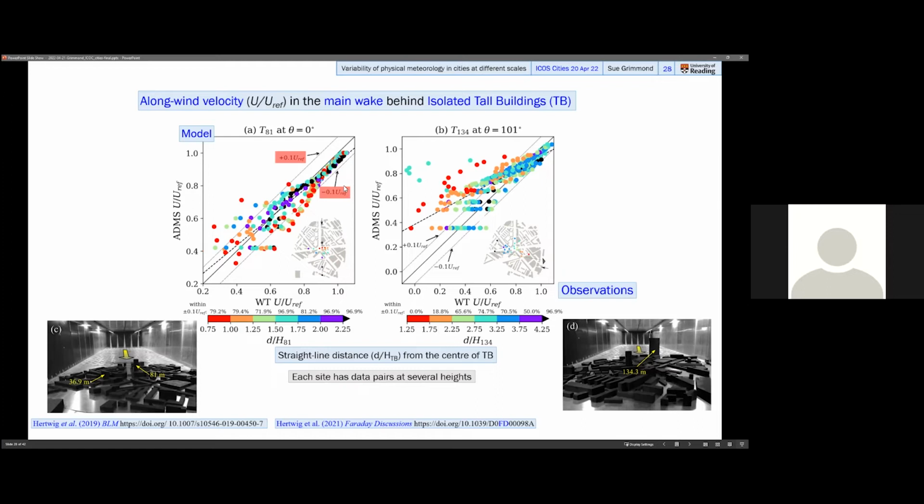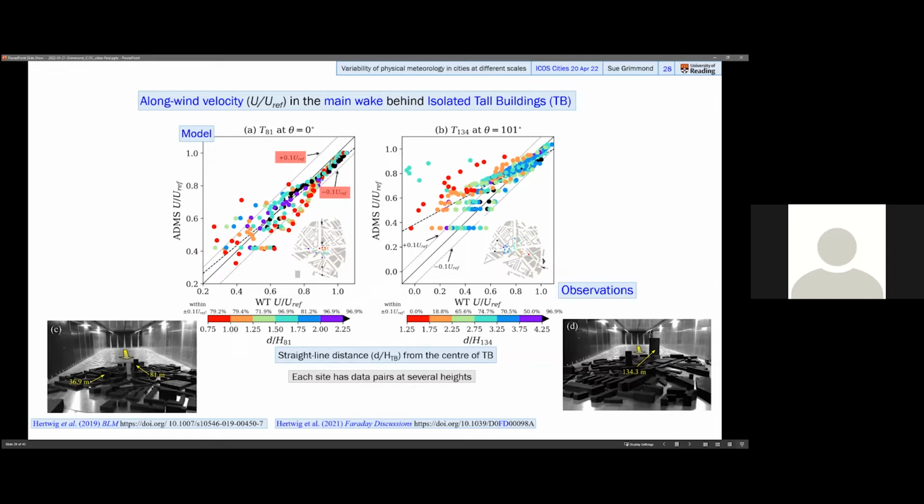For the shorter building of 81 meters, greater than 95% of the data are represented within plus or minus 10% within 2 times the height of the tall building. But for the taller 134 meter building, even at 4 times the height of the building, we're still just getting to that point.